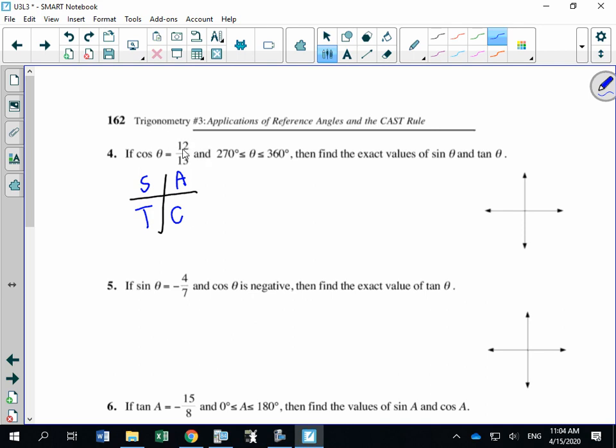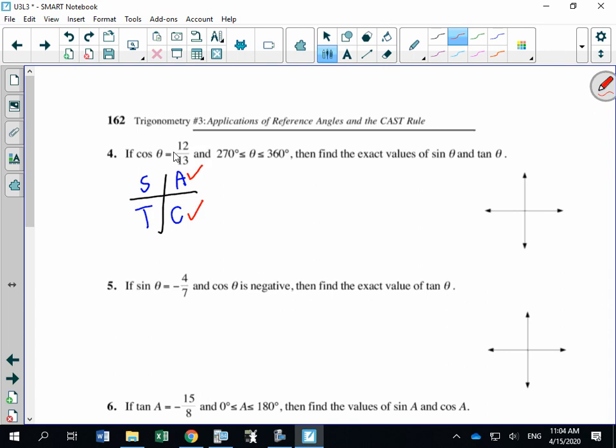It's positive, there's no negative sign there. So put a check mark in the 2 quadrants where cos is positive, because this trig ratio is positive. If you did it correctly, your 2 check marks will be in quadrants 1 and 4. Those are my 2 quadrants where cos is positive.